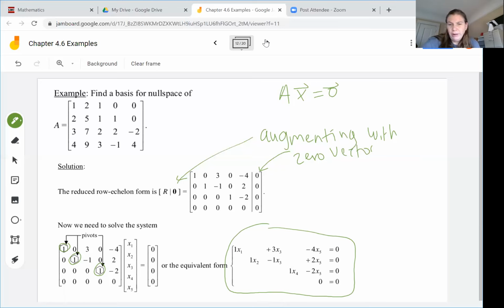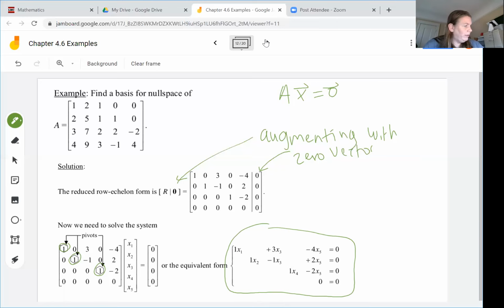So notice already it looks like we've got some free variables here, because we get 0 equals 0 down here in the last row.